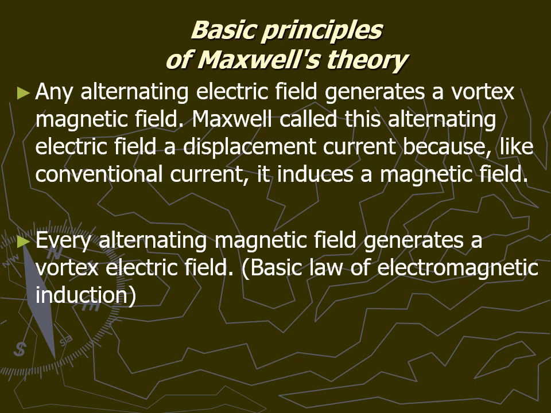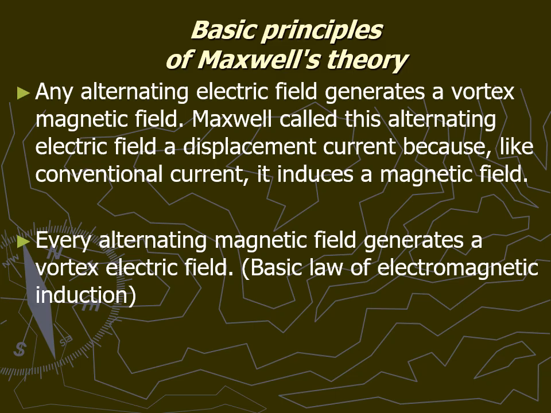Now let's write down the main provisions of Maxwell's theory. In other words, it is enough for us to familiarize ourselves with these provisions, although, of course, not all the provisions of Maxwell's theory will be shown here. So, as we have found out, every alternating electric field generates a vortex magnetic field, and in this case, the alternating electric field was noticeably displaced.